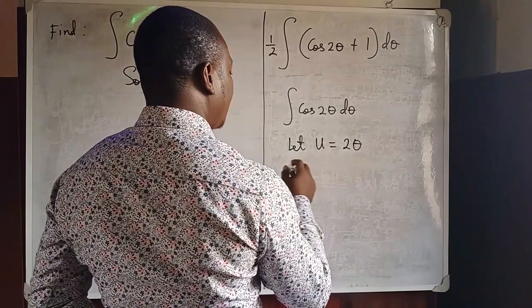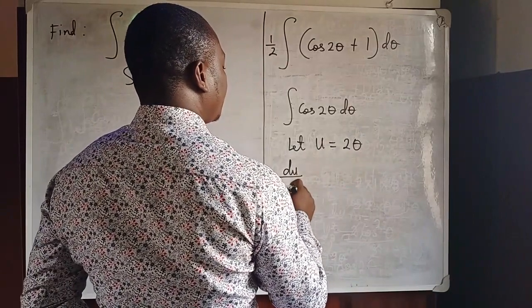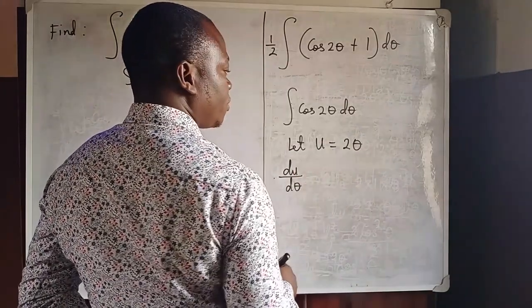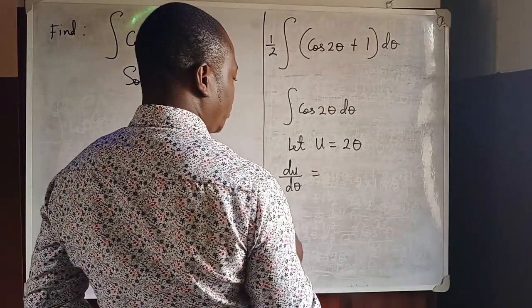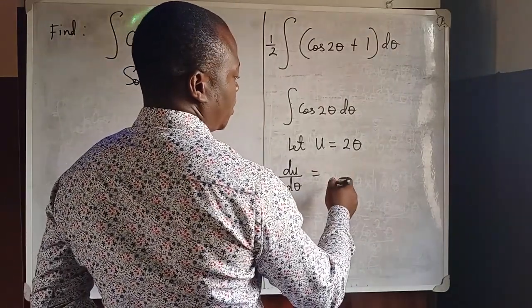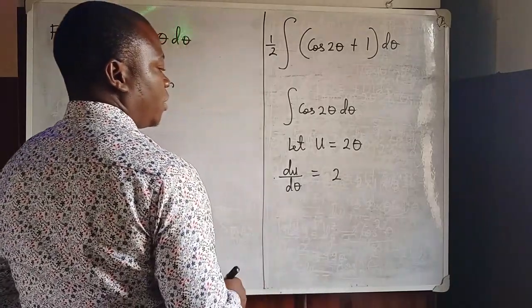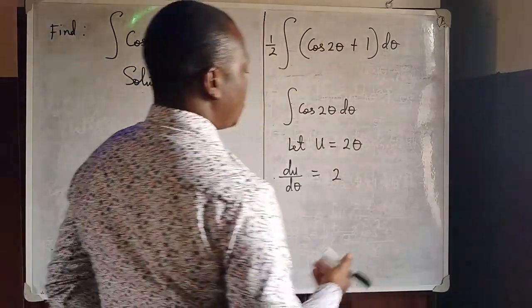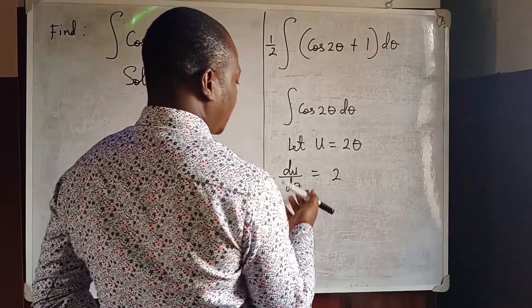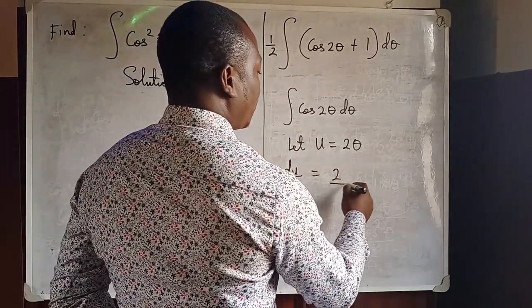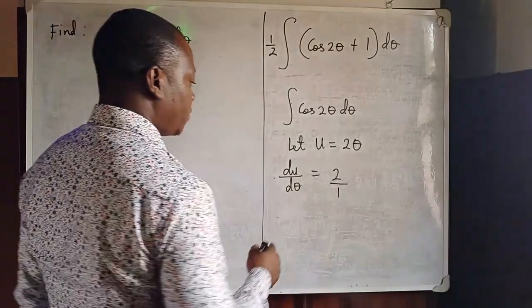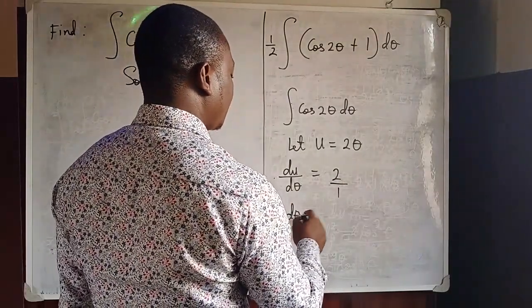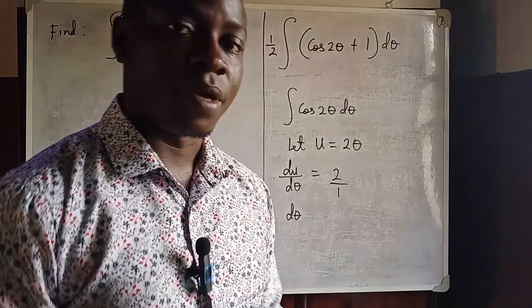If I differentiate this with respect to theta, du over d theta is going to be 2. Now, if I make d theta the subject, let me note this is over 1. So if I find the reciprocal of this, I take the reciprocal of both sides.